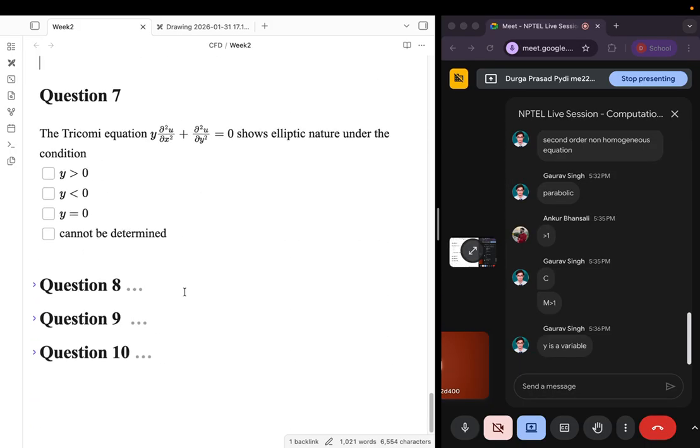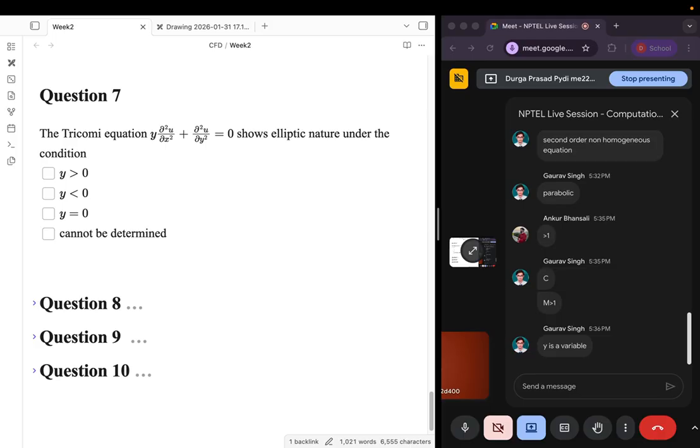I didn't mention whether the coefficients have to be constants or variables. If they are constant, then it is simplified; it's a linear problem. Now we have a nonlinearity here, in the sense that the coefficients are also functions of the variables that you are trying to solve. So when will this equation be elliptic? Again the same discriminant.